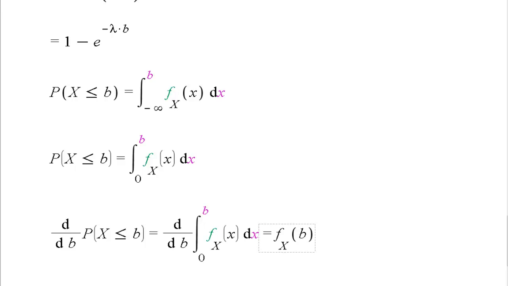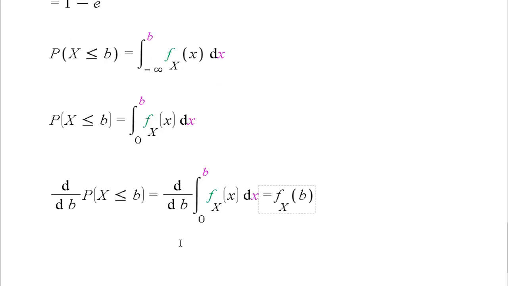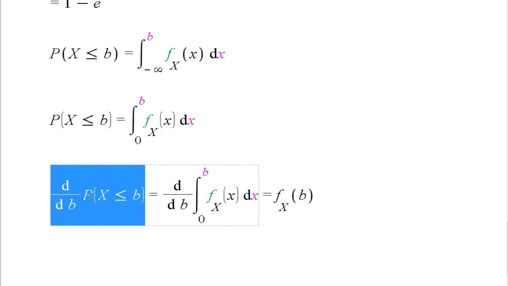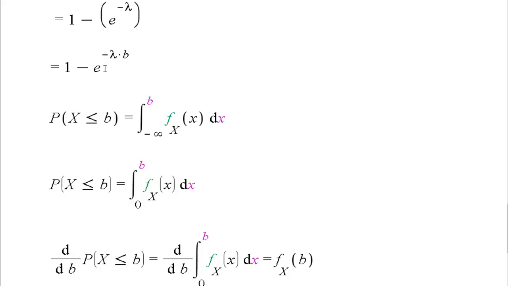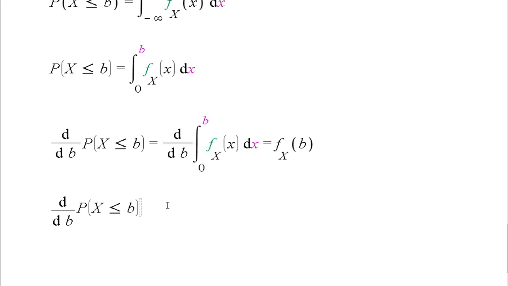But we also have an expression for this. The probability that x is no larger than b, we just went through a bunch of work to find an expression for that. That was 1 minus e to the power negative lambda b. So let's put that in here.